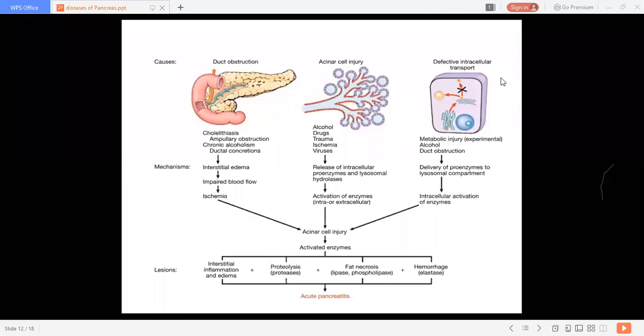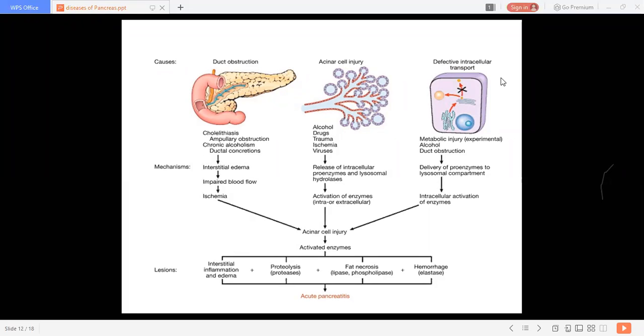Shock, then atherosclerosis, embolism, vascular obstruction, and polyarteritis nodosa. It is an autoimmune disorder which gives rise to pancreatitis.